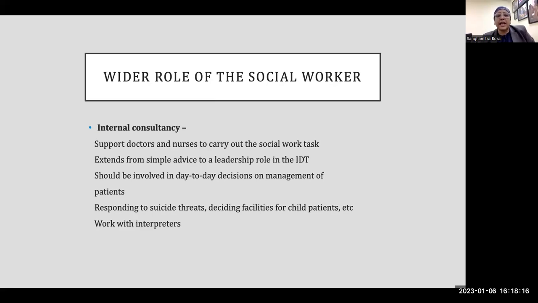And the next day, we came to know that the patient in that particular neighborhood had committed suicide. So responding to suicide threats is also very, very important. You have to give that responsibility to somebody who can actually attend to these calls. Okay. And then deciding facilities for child patients, working with interpreters. These are very, very important roles of the social worker.